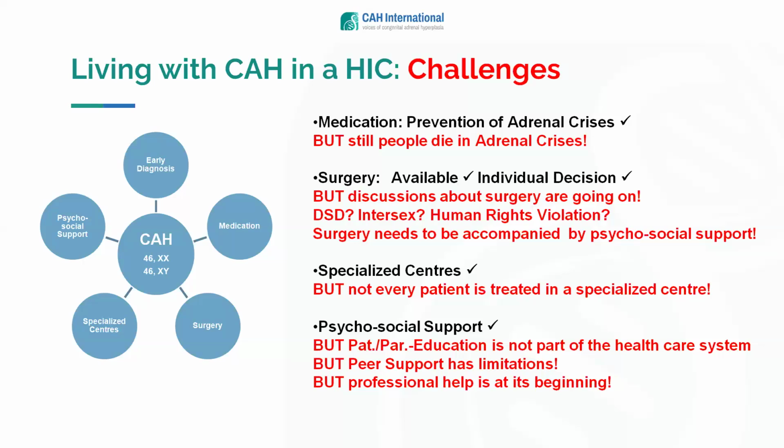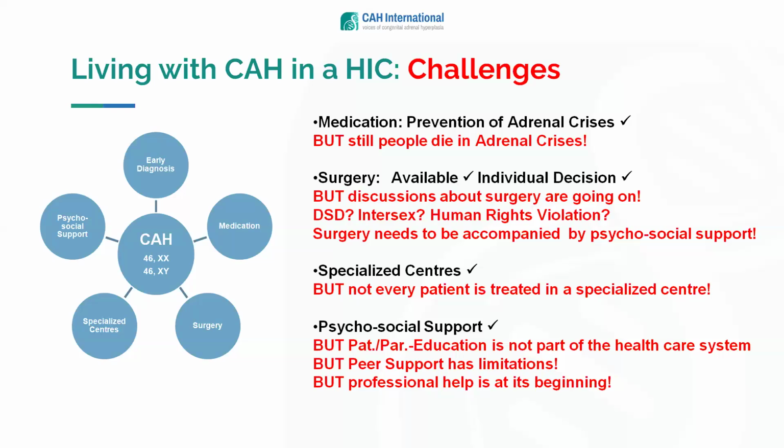They live in a rural area in Austria, and the mother thought, oh, it's too far to go to the next bigger city, to the university hospital. I look for an endocrinologist here in my area, and she found one for her daughter. Her daughter is a child, and it was an endocrinologist for adults, mainly treating diabetes and thyroid, but he was quite happy to have an adrenal patient.